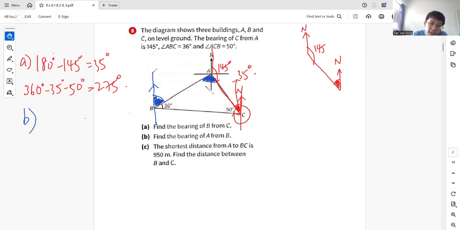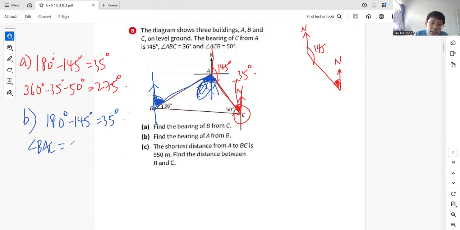So look at this, this, this, and this. That means we have to find out what this is. We can find this because this is 145, so this angle over here is 180 minus 145, which equals 35 degrees. Then we have to find angle BAC first.